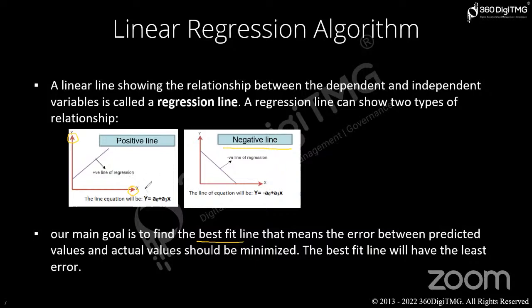Different values for weights or the coefficients of the line, that is A0, A1, give different lines of regression. So we need to calculate the best values for A0 and A1 to find the best fit line, and to calculate this, we use something called a cost function.